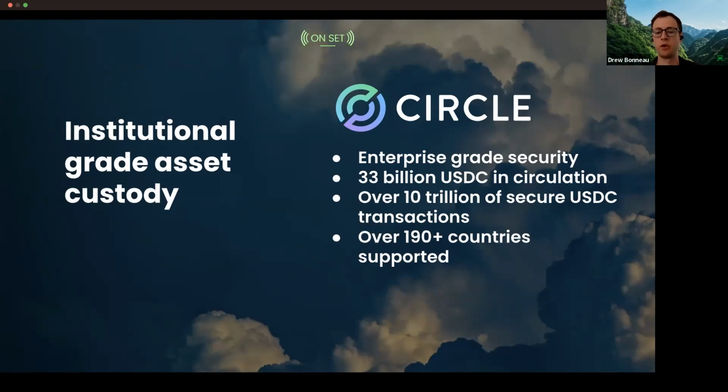Importantly, Circle is a partner with a tremendous track record in the blockchain space. They provide enterprise-grade security. They've had over $33 billion of USDC in circulation, and they facilitated over 10 trillion in secure USDC transactions. And they also support over 190 countries around the world.